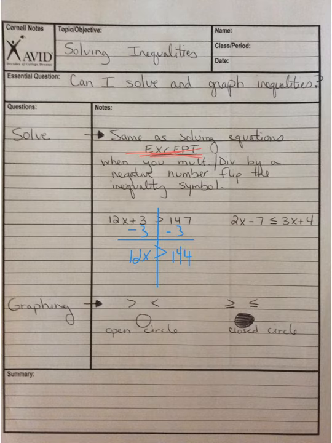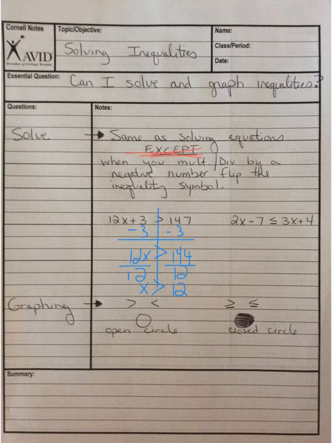Now the inverse of 12 times x would be division, and we're dividing both sides by 12. That's a positive 12, so our inequality stays the same, and we have x is greater than 12. So the process of solving inequalities is just like solving equations.